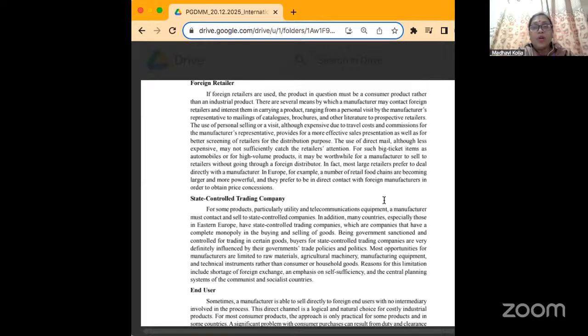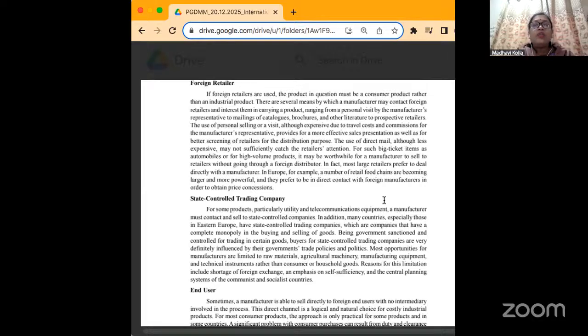What can be the volume that has to be manufactured? Any specific localizations that are required in terms of language, packaging, or shape and size. These are all easier to assess when you go directly to a nation of intent, rather than going purely through a foreign retailer.